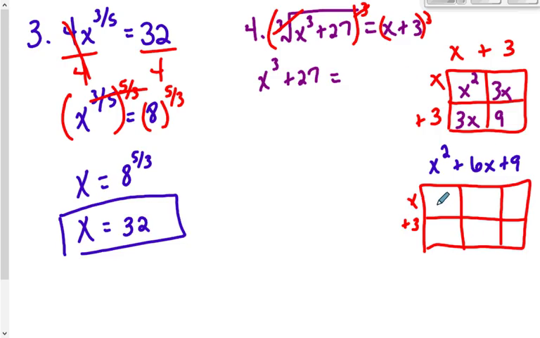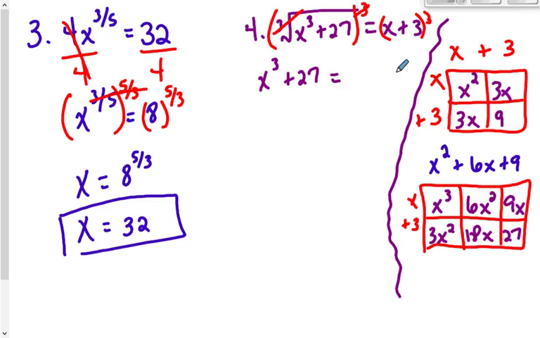So x times x squared, x cubed, x times 6x, x times 9. x squared times 3, 3 times 6x, 3 times 9. Alright, so pull all of that, and I'm going to draw a little squiggly line to separate this.